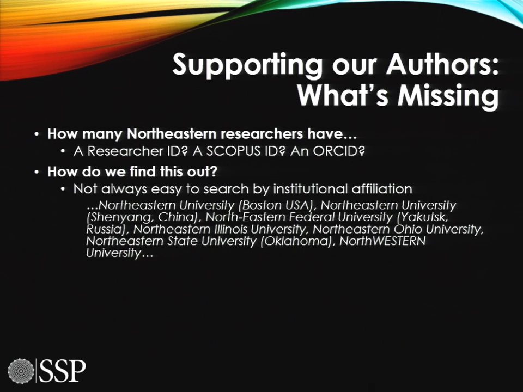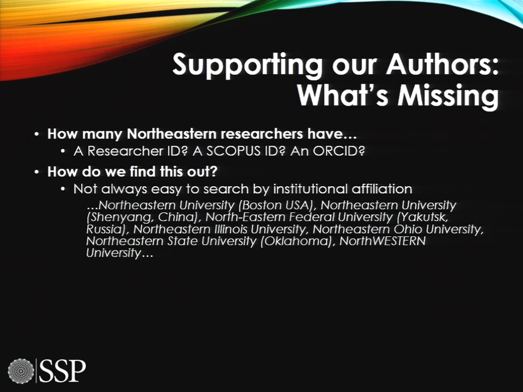I know myself because I created my own ORCID, and I know that I have a Scopus ID because there's a connection there, but I have no way of accessing that information because my library doesn't subscribe to Scopus. I used Google to search for Northeastern-affiliated authors with ORCIDs, but I'm pretty sure I didn't find them all. And while it's probably possible to get this information from the vendor or the system or the developer who created it, that shouldn't be necessary. It doesn't help people who aren't affiliated with an institution, for example.